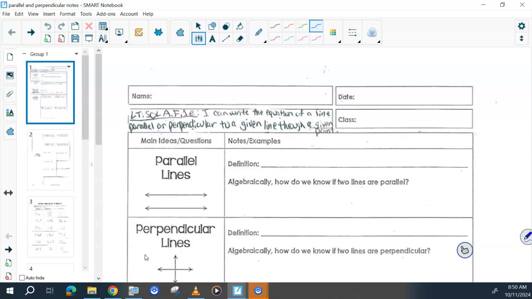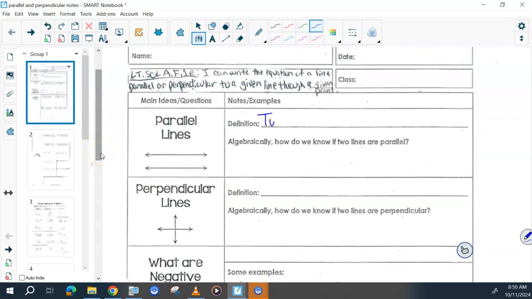They don't touch. They don't intersect. Two lines that don't intersect. Algebraically, parallel lines are two lines that have the same slope.